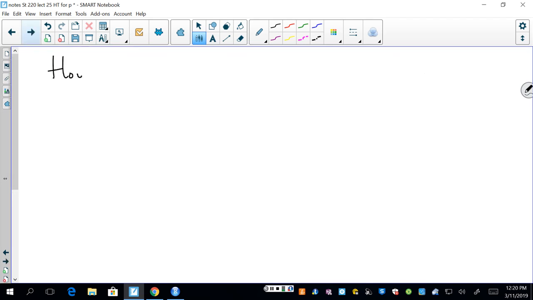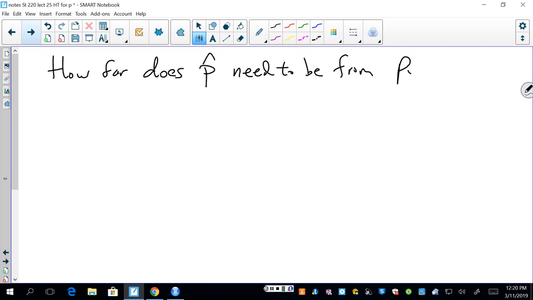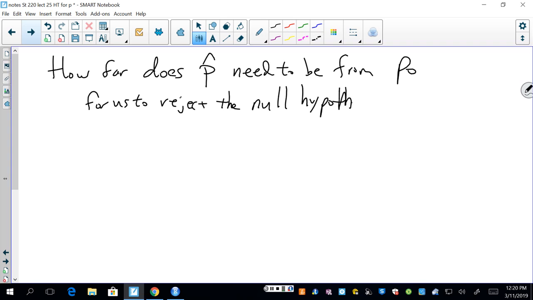So how far does p hat need to be away from p sub 0 for us to reject the null hypothesis that said that p is equal to p0?